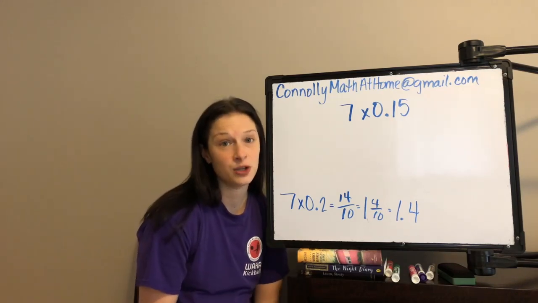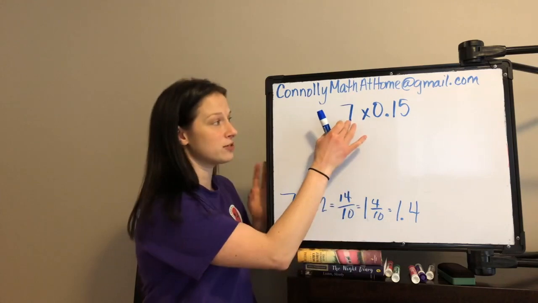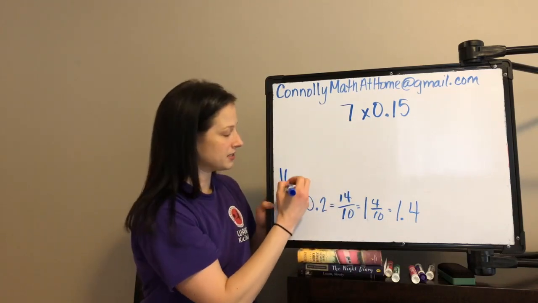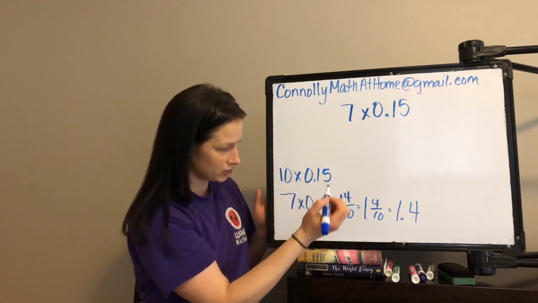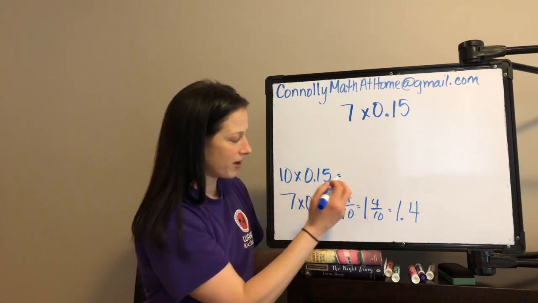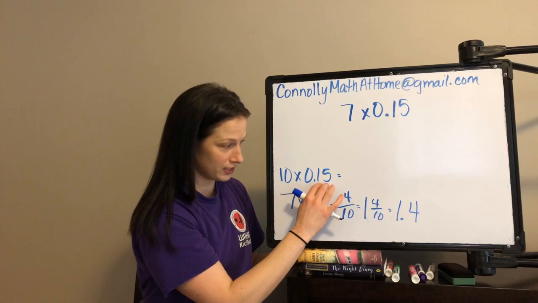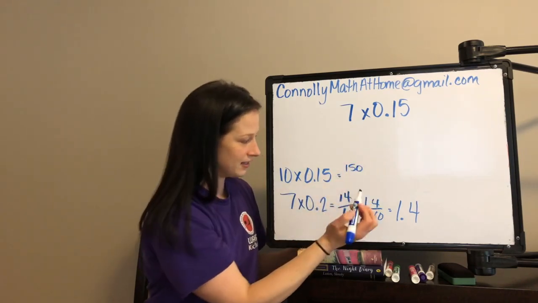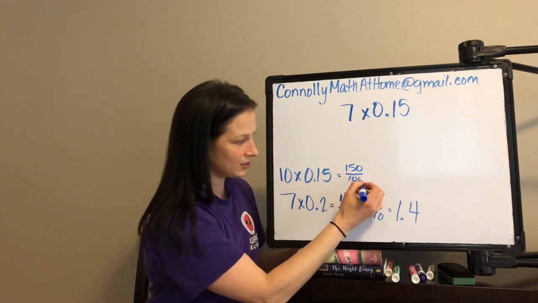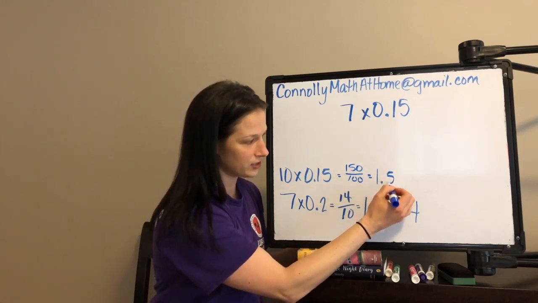Another thing that you might want to think about is rounding the 7 hours up to 10 hours and thinking about 1500ths and thinking about how 10 groups of 1500ths would be 150 hundredths, which is the same as 1 and 50 hundredths.